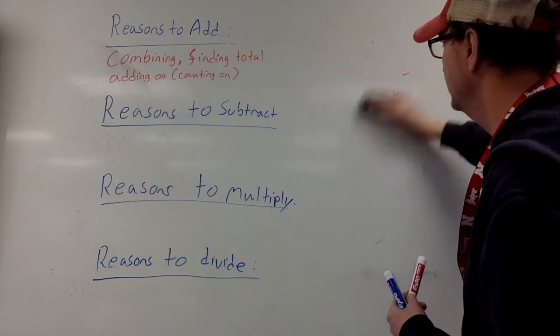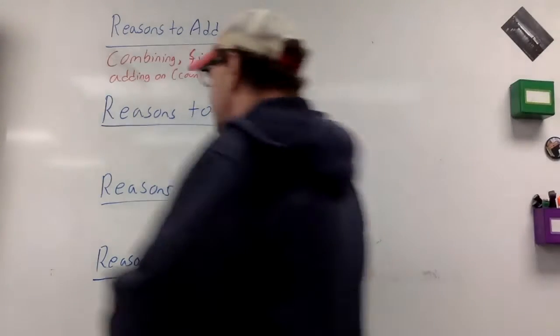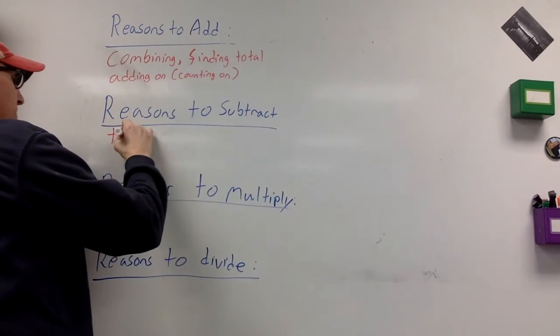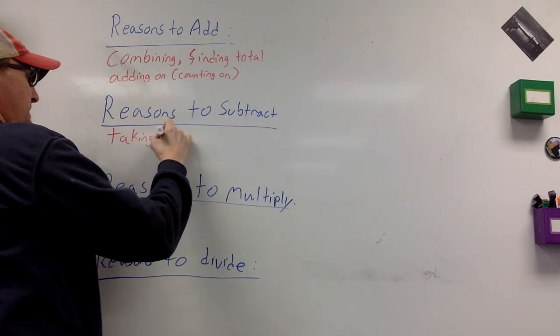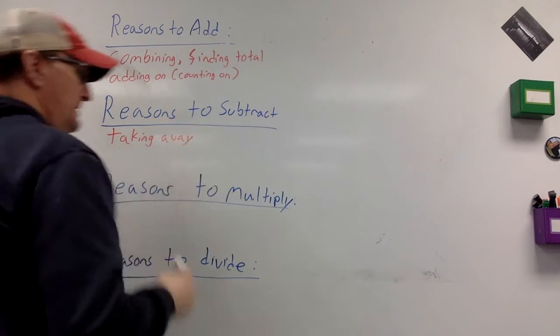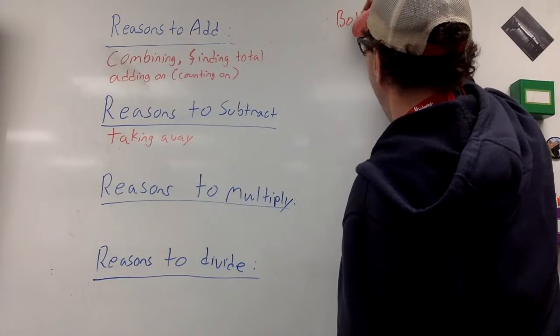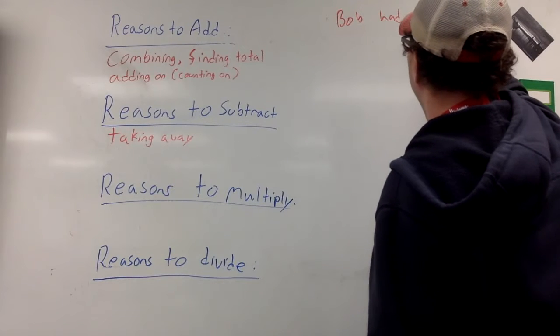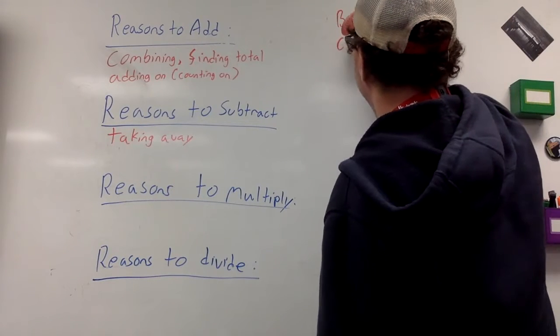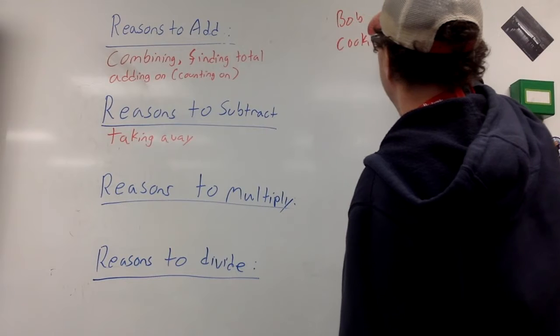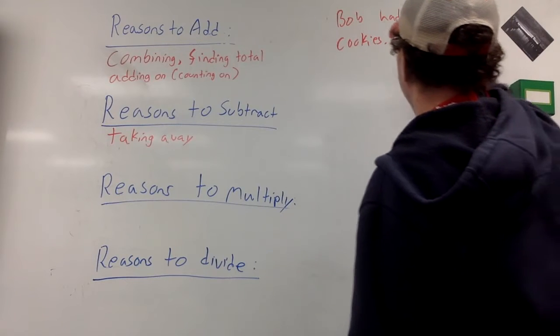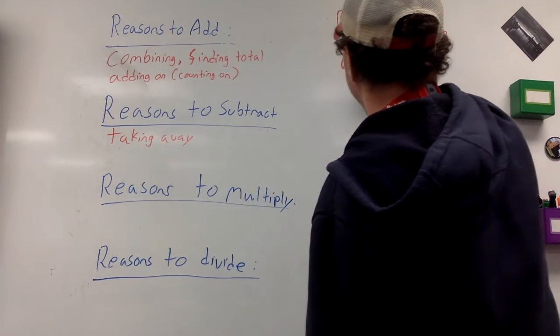Reasons to subtract. Well, the obvious one is taking away, right? Let's just keep talking about Bob. Bob had 20 cookies. He ate 6 cookies.